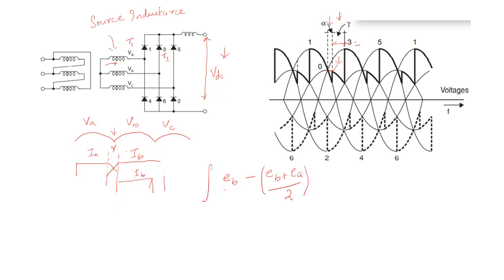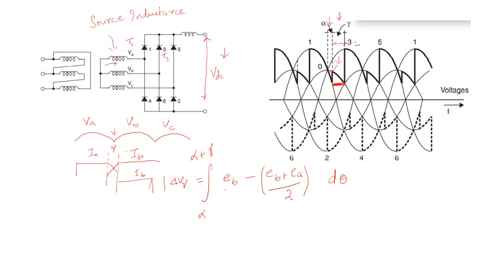So overall integration from alpha to alpha plus gamma, and I can put it like d theta. So this is the period, the overlapping period, delta V gamma, I will put it. This is the period of operation, only this area I am talking about.